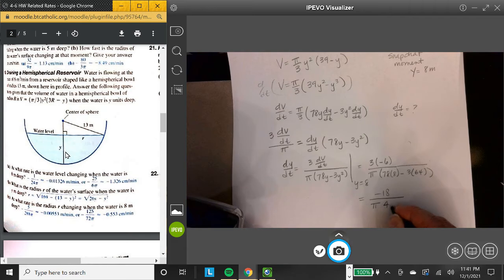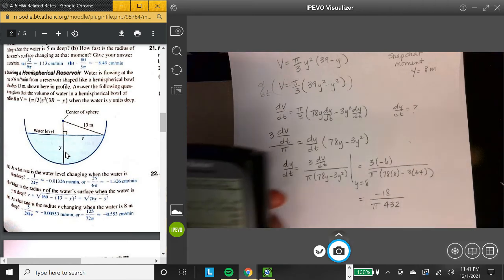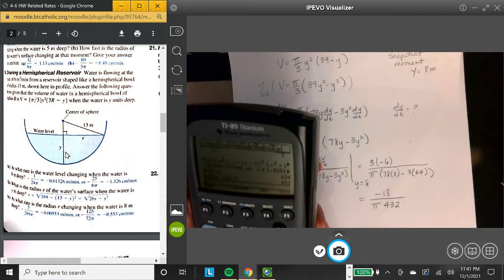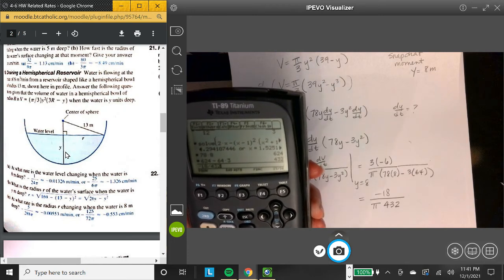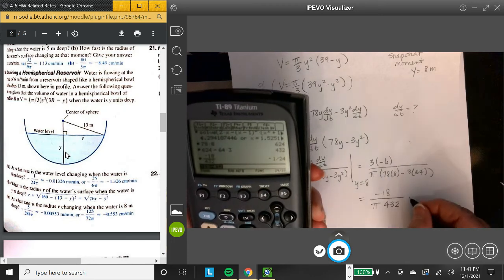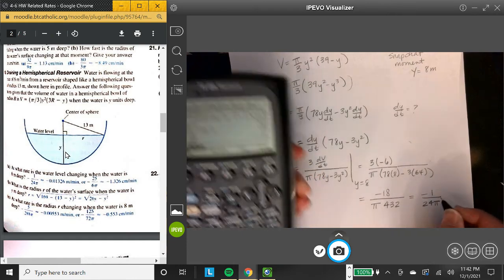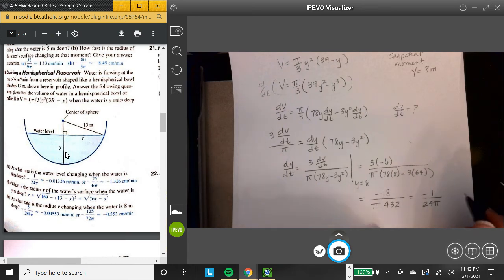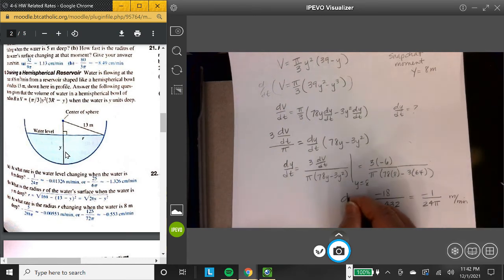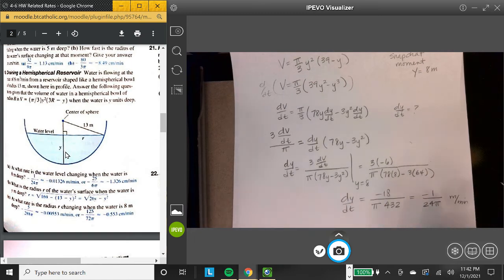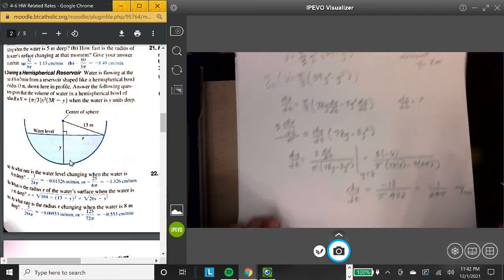This is 432. And my calculator will reduce that for me and give me an exact answer. So negative 18 divided by 432 is negative 1 over 24. So this is equal to negative 1 over 24 pi. And since y is a linear unit, this is going to be meters per minute. That's dy dt. Okay. And did I expect it to be negative? I surely did, because the y is decreasing. So that makes sense. Part B.